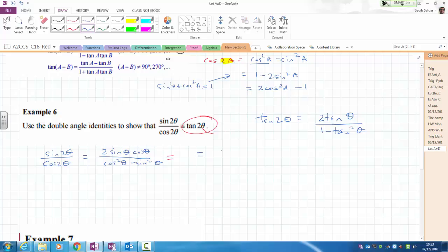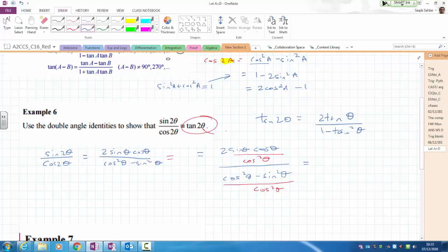So I'll write this out. I'm going to do 2 sine theta cos theta divided by, so it's the same identity, except I'll divide top and bottom by cos squared theta, and I'll divide this by cos squared theta as well.